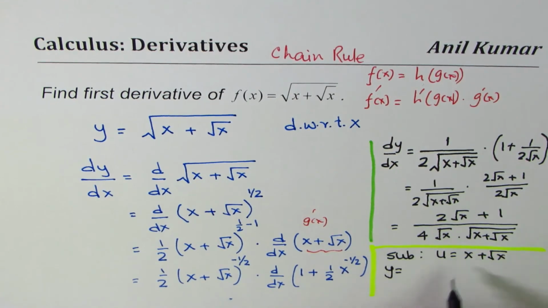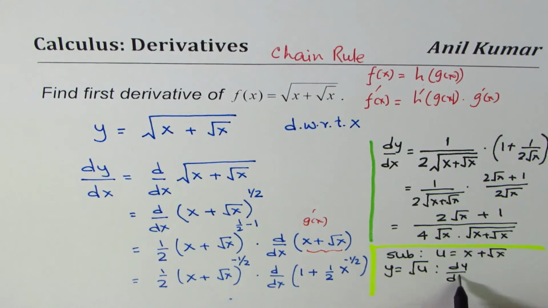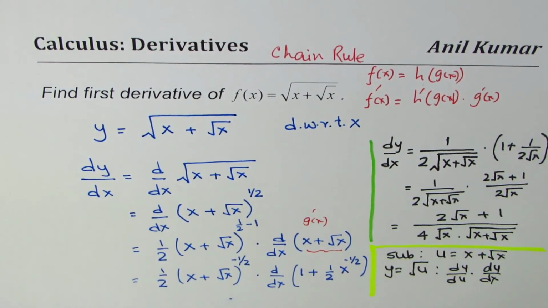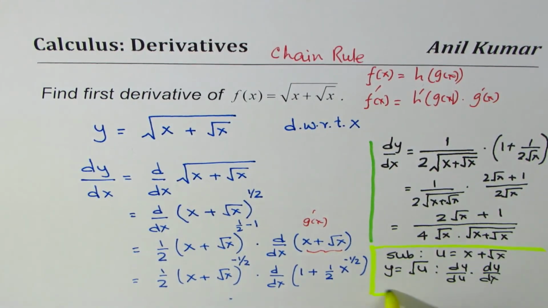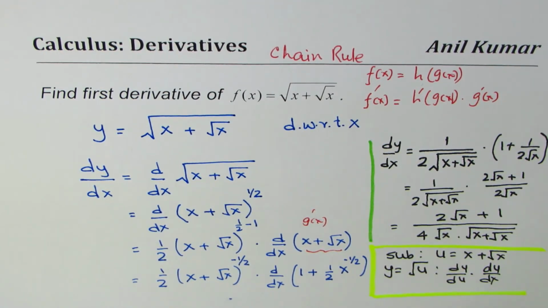It becomes easier to use this nomenclature, y equals to square root of u. Do you see that? And then you can find dy du and multiply it by du dx to get the same answer. So that could be an alternate approach, which is a very good approach to apply. So most of you could actually do this. That's straightforward and much simpler.